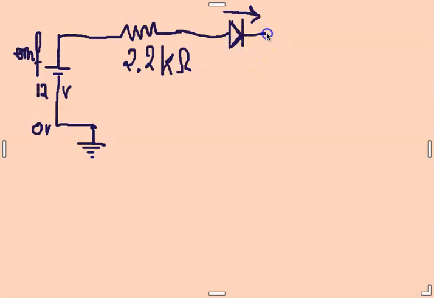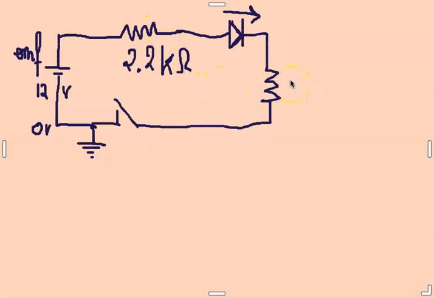And let's finish with another resistance here. And we're going to close the circuit with the switch and the node down here. We have an EMF of 12 volts, 2.2 kilo ohms on the top here.